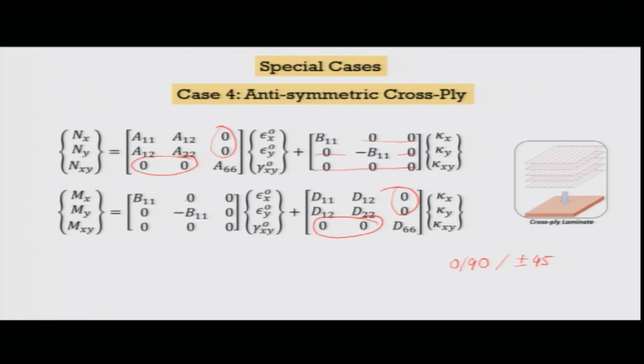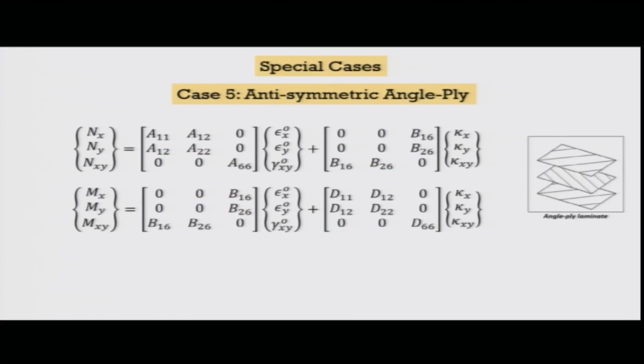So, there are many B matrix terms, which give us the stretching-bending coupling, that will be 0. So, that is a special case of antisymmetric laminate itself.